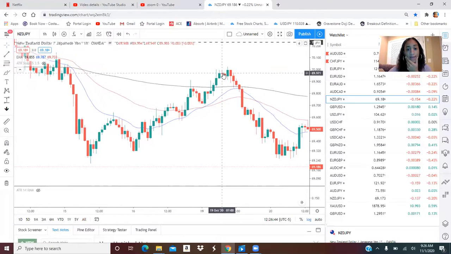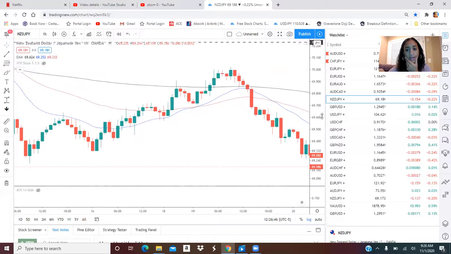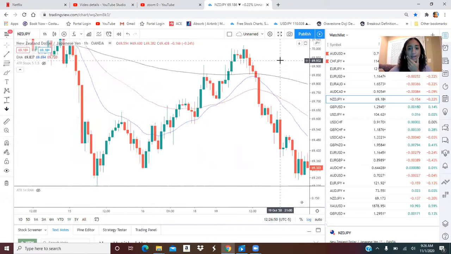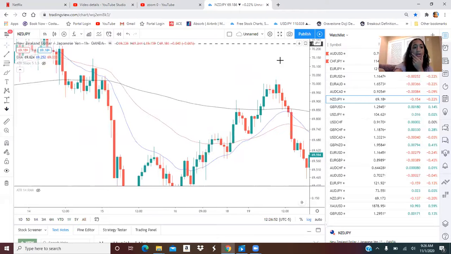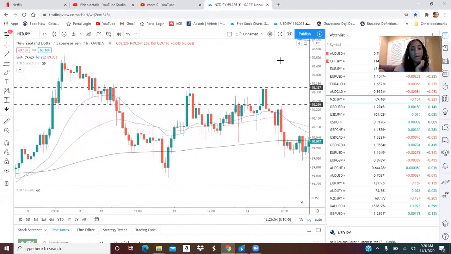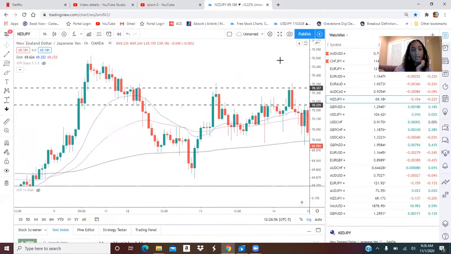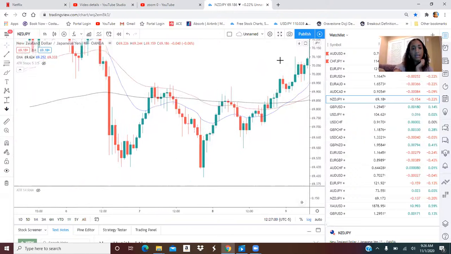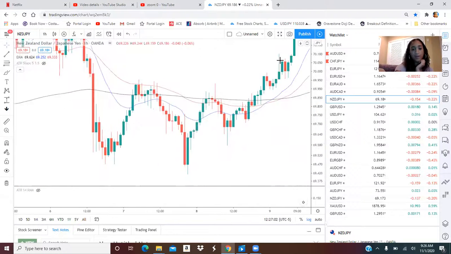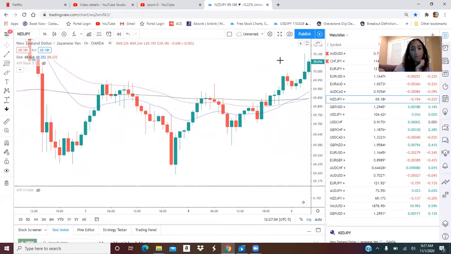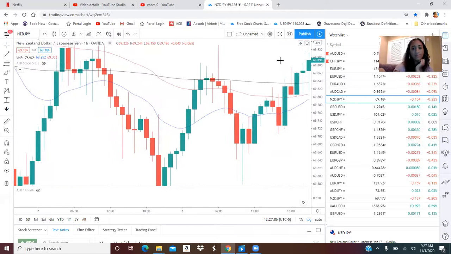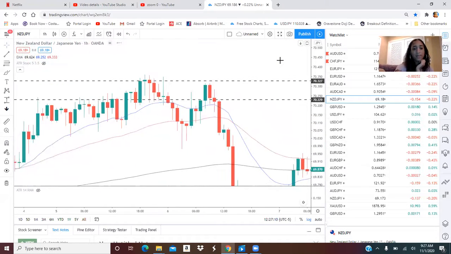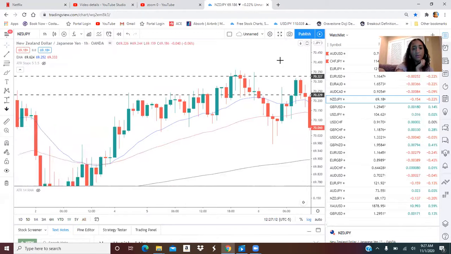And here we have a doji. A doji is like, it looks like a cross. It doesn't have a body at all. It can be bullish or bearish, but it's a strong indication of a reversal candlestick pattern.